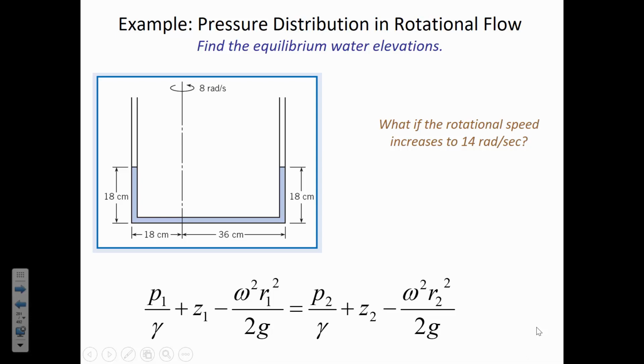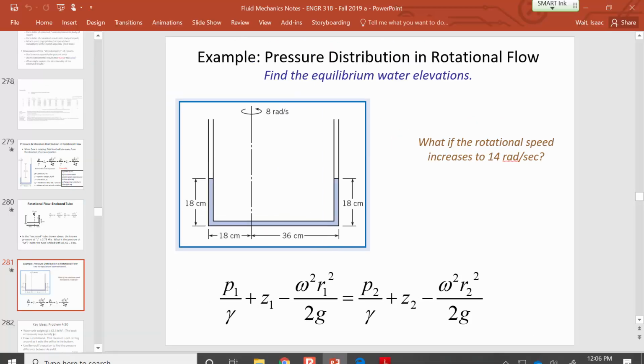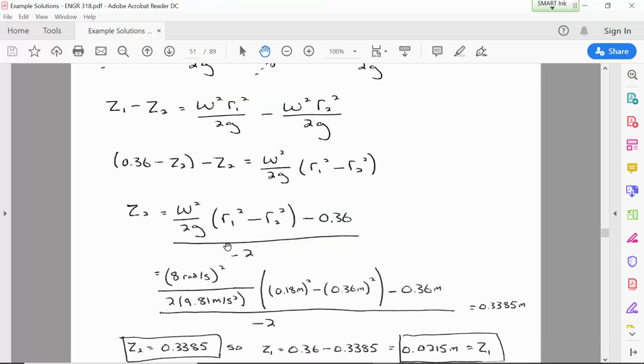We have an equation that we can put in terms of, let's see, this equation. It gives us Z2 for some rotation rate. So right now it's for 8 radians per second. Substitute in what if we start spinning it at 14 radians per second? What is the Z2 if you increase omega from 8 to 14?